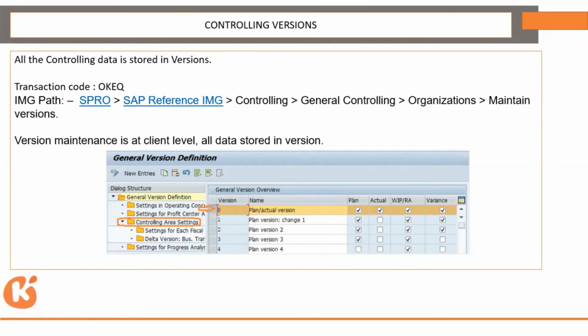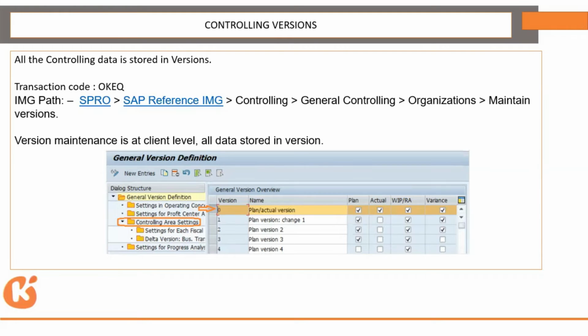But as and when we create a controlling area using OKKP, there is a default controlling version 0, which is created. This default version 0 will have availability for both planning activity as well as actual activity, along with work in progress and variances.